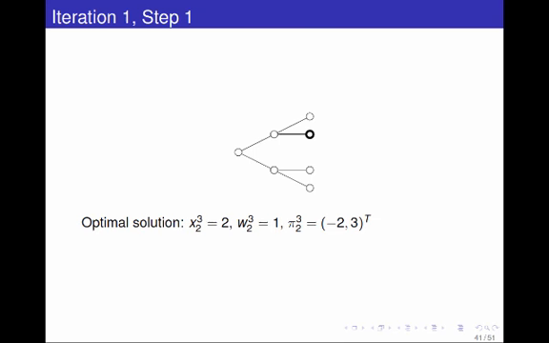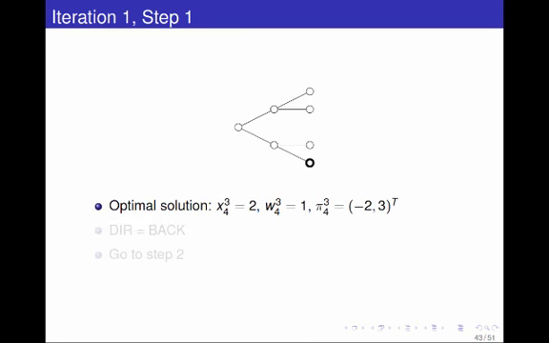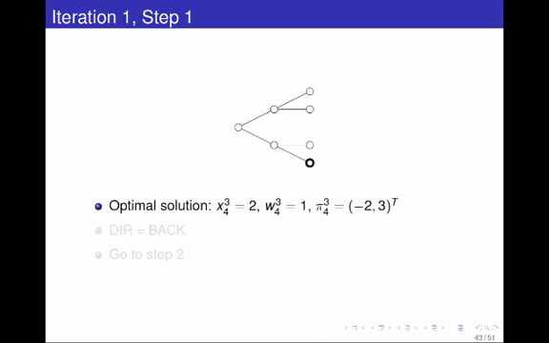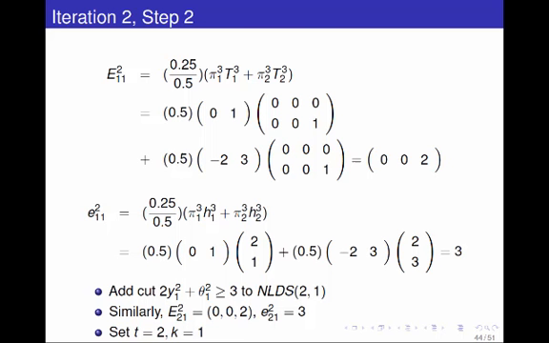Okay, so let's go back here. So this is the conditional probability. The formula, again, if you remember, was E, T, K. The second index here is counting how many optimality cuts I have for this NLDS. So we're now at NLDS 2, 1. So time period 2, scenario 1.